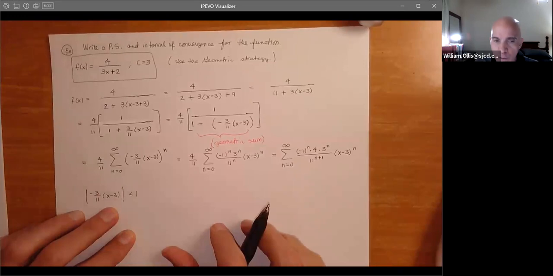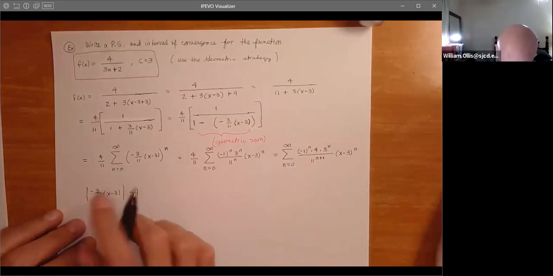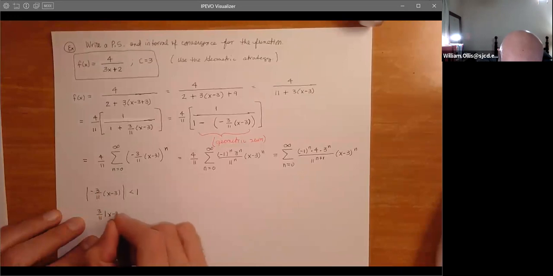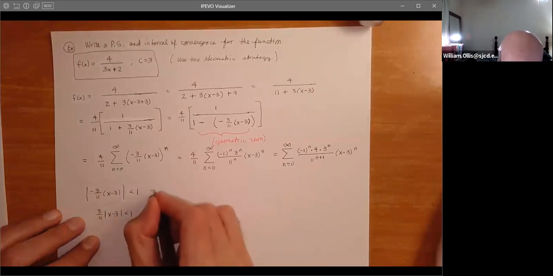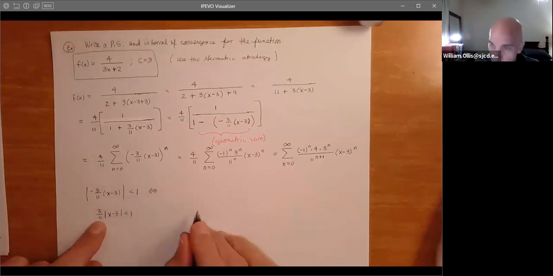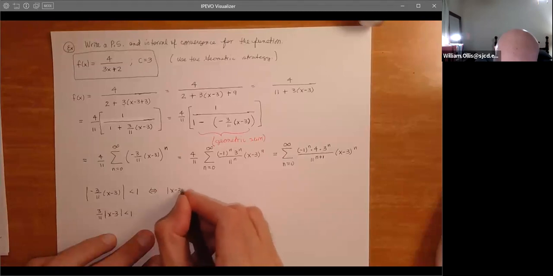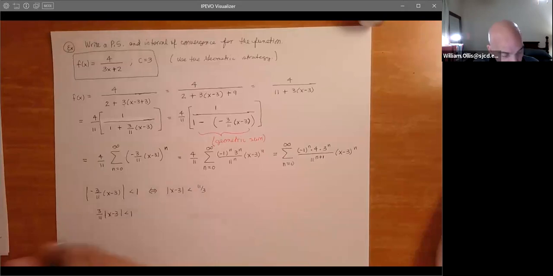So we get that for free from the geometric theory. So now, if you will, we've just got 3, apply the absolute value, 3 over 11, x minus 3 in absolute value, less than 1. And of course, now just multiply by the reciprocal. So we have x minus 3 in absolute value is less than 11 over 3.